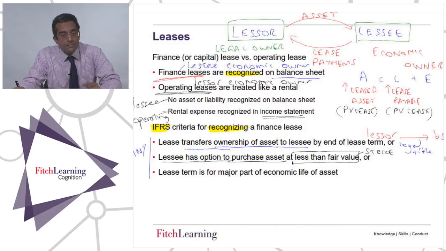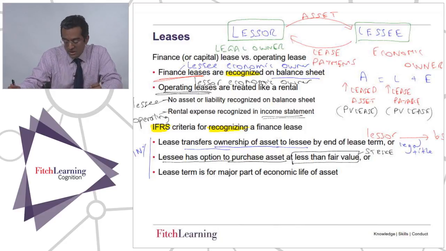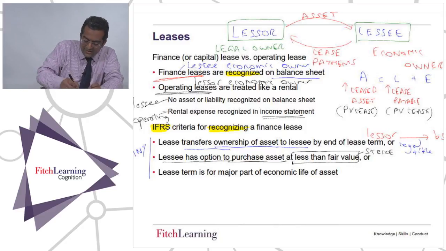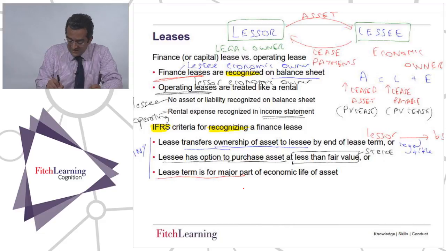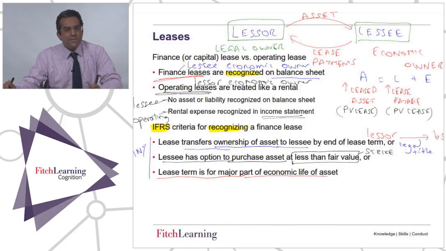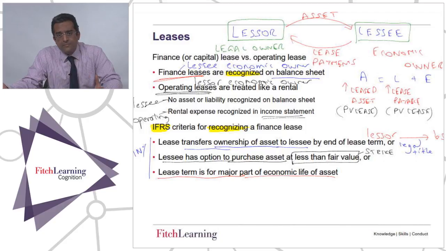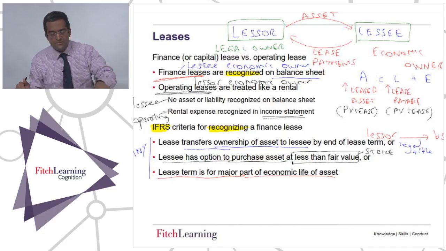You will exercise at some point, the lessee is the owner. Alternatively, the lease term is just significant. Now, we note, guys, it says they're a major part of the economic life of the asset. So if the economic life of an asset is established, let's say 10 years, and you have a lease contract of 6 years, well, 6 is a major part of 10, and you have to capitalize or put the lease on the balance sheet. Okay, so any one of those guys is sufficient.